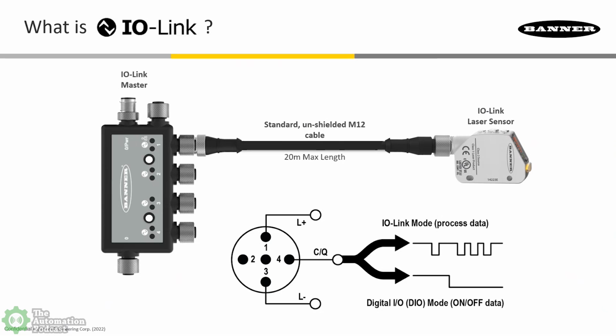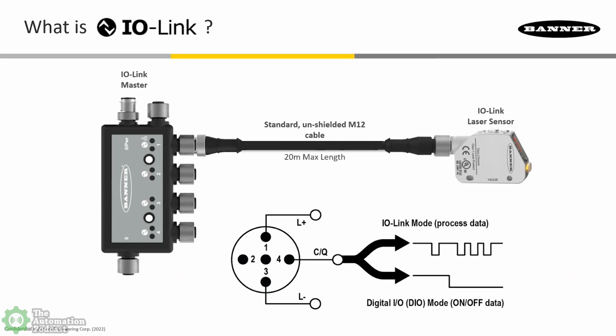There are tons of applications that started out just like this, a simple on and off coming from a proximity sensor or other sensor going back to a controller. But then we started turning those signals on and off in agreed upon patterns to send more data than just a 1 or a 0, almost like Morse code. IO-Link continues that legacy by taking that 24-volt signal on the digital I/O point and turning it on and off in agreed upon patterns to send more data than just a 1 or a 0.